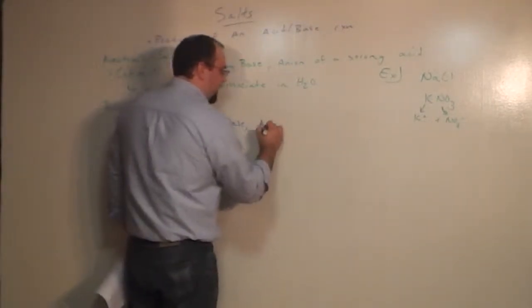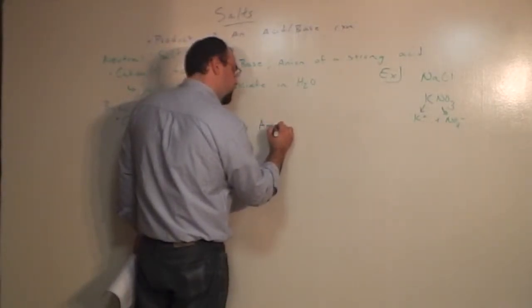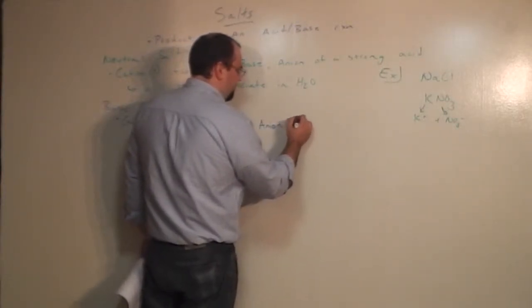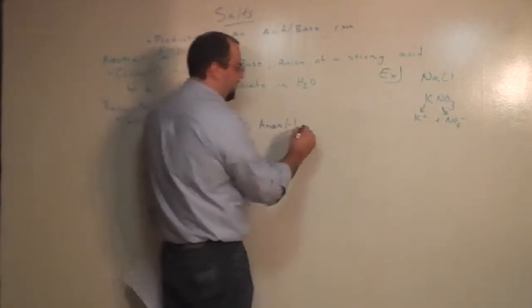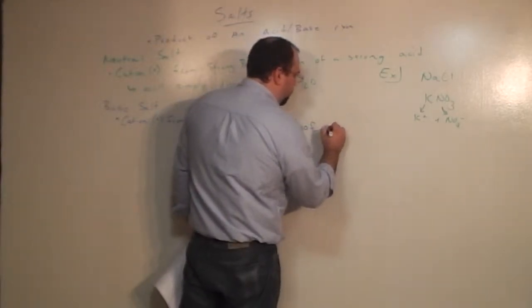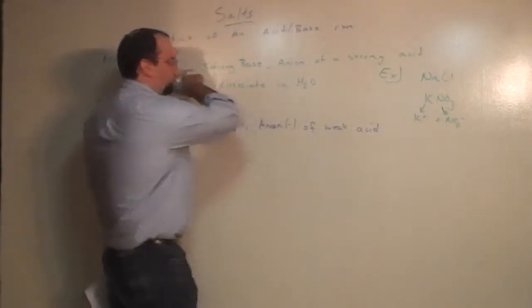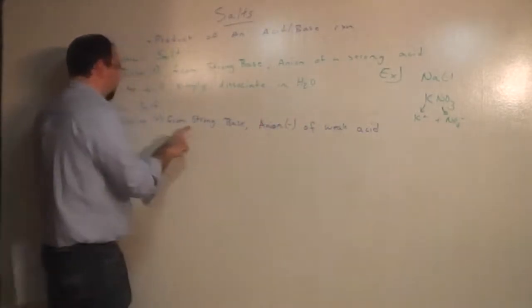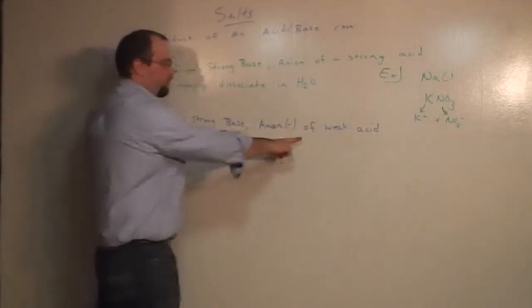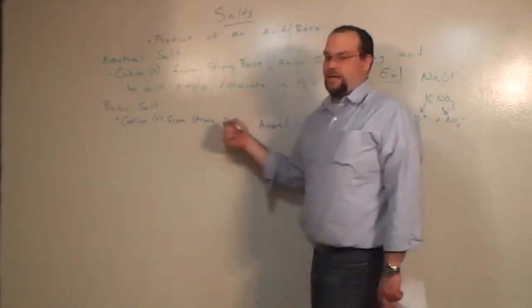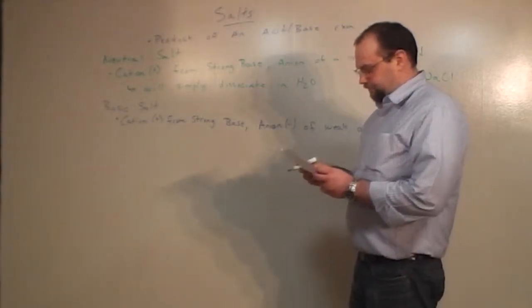But in this case, my anion, and I forgot to mention that that's the negative one, anion, it's going to be the anion of a weak acid. So neutral was strong and strong. Basic is strong and weak. Okay, and it's not too surprising that a basic salt's from a strong base and a weak acid.